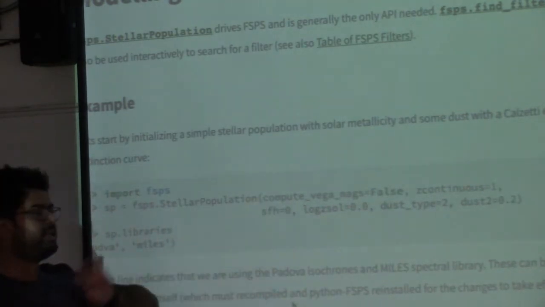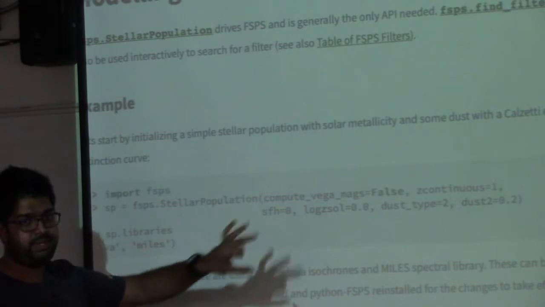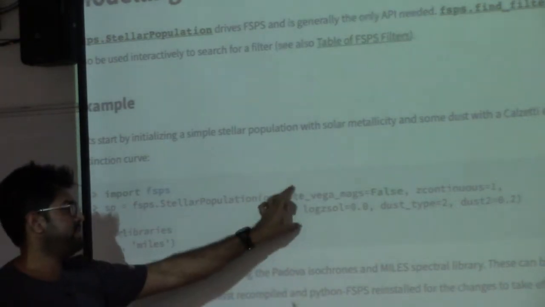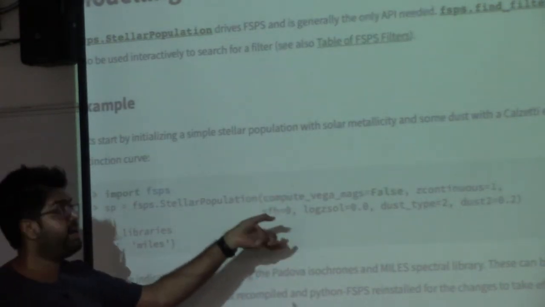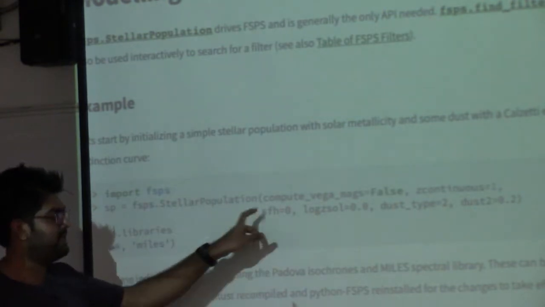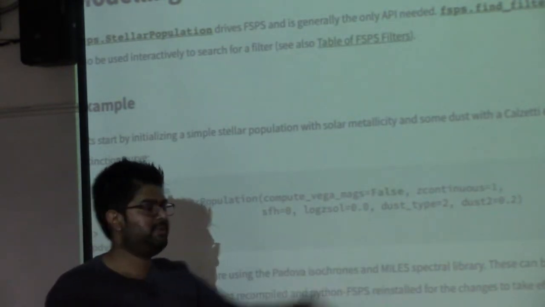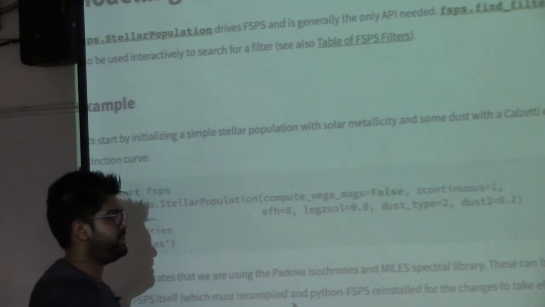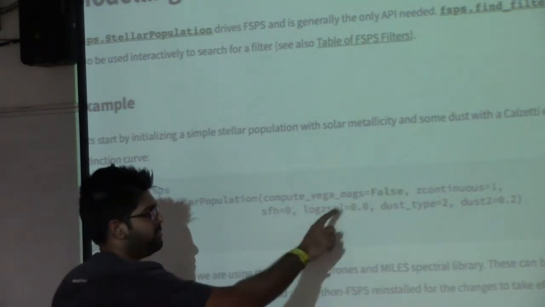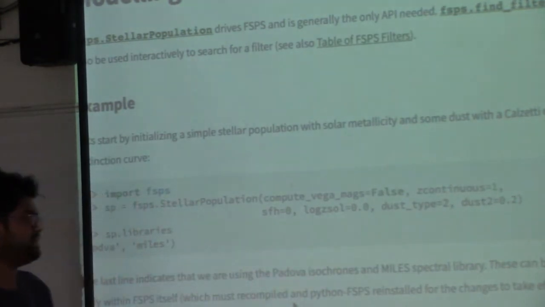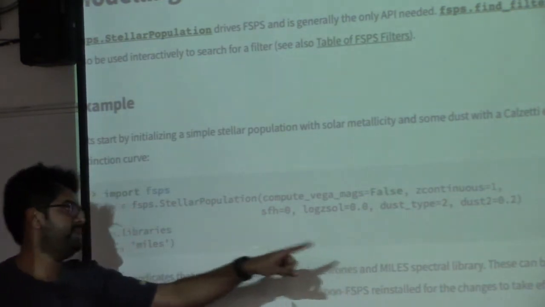For this, there are some things that are already defined by default, which you need to understand, and those are some of the questions, and some things you can specify. For example, if you want the metallicity to be solar metallicity, you say logzsol equals 0, and you can define these things, okay?